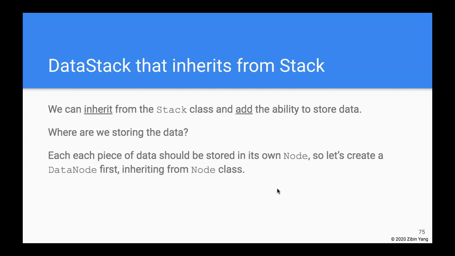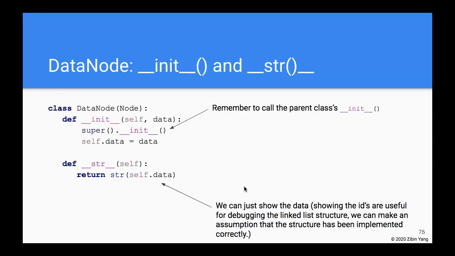So very naturally, we will probably want to store each piece of data into its own node so that we can create more nodes to store more data. So the first thing we're going to do is create a data node that inherits from the node class, and we're going to store data in the data node.